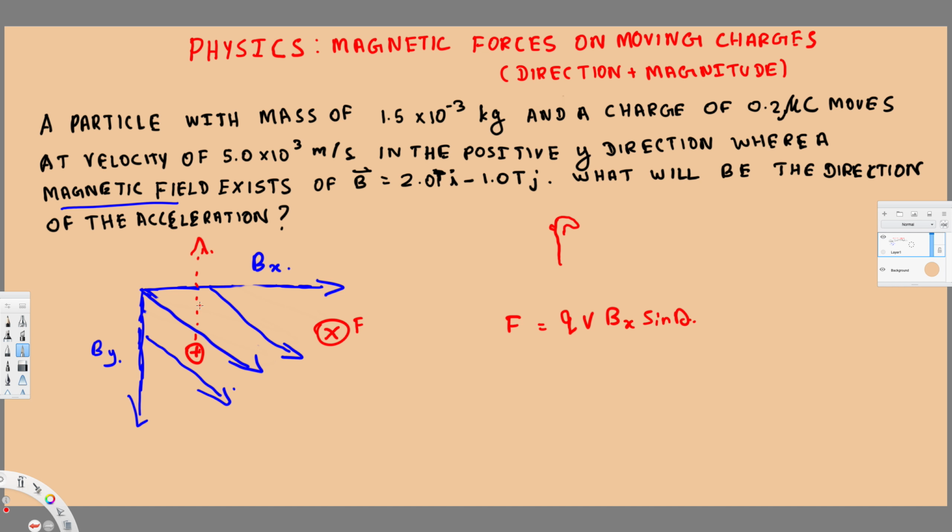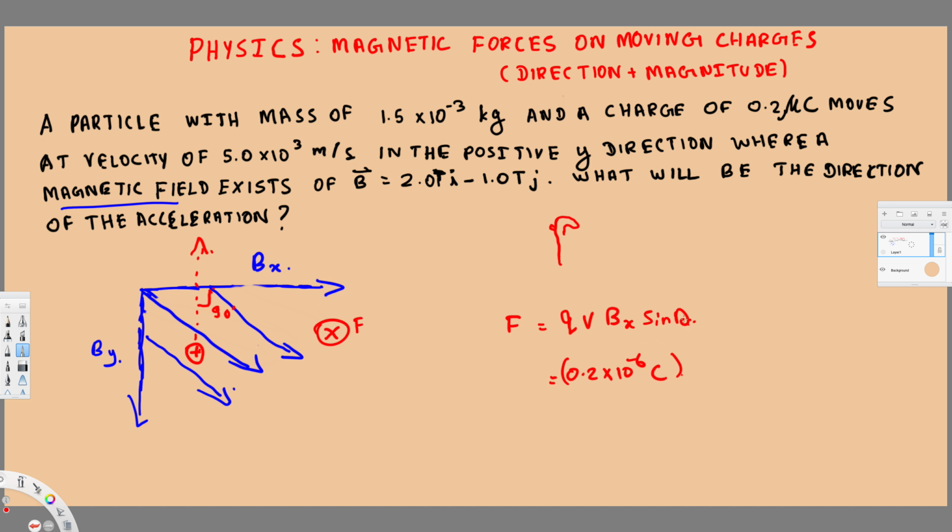If you notice, the angle between this x and this charge's velocity is 90 degrees. So we know that sine 90 is 1. We can just plug 1 right here. And q is the charge that is provided, 0.2 microcoulomb. So that's going to be 0.2 times 10 to the power minus 6 coulomb.